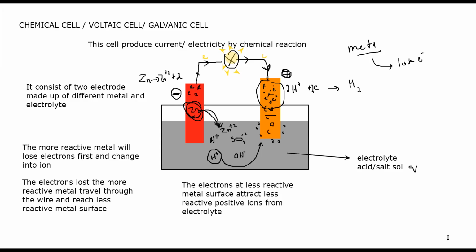Another example where we can use the chemical cell: it can be used to find reactivity of different metals.